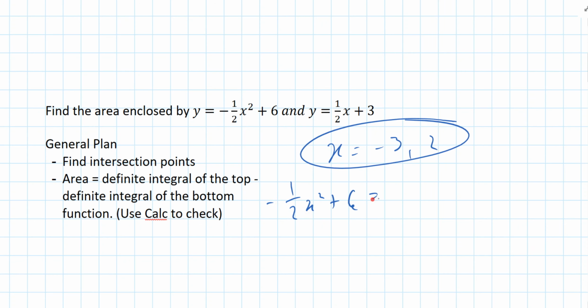Remember, we're aiming for that. Equals a half x plus 3. Where they intersect, the y values are the same, so if the y values are equal, we can make the x portions of the equation equal and then solve for x.